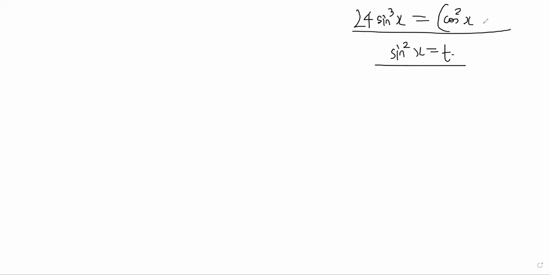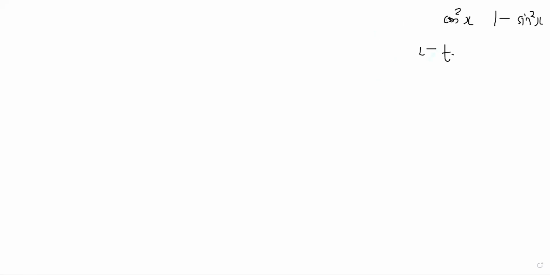This side was sine cube, this side was cos square. Something like this was there, no? So how will it help if you take sine square x as t? The best way to do is convert this to 1 minus sine square. Okay, that's it for this question.